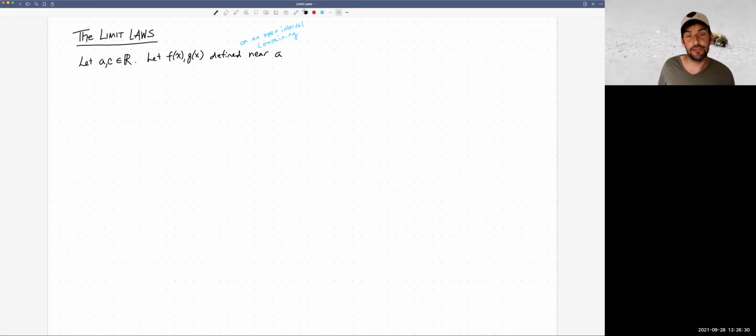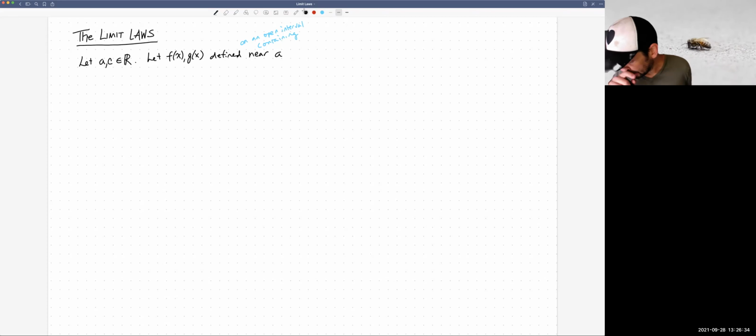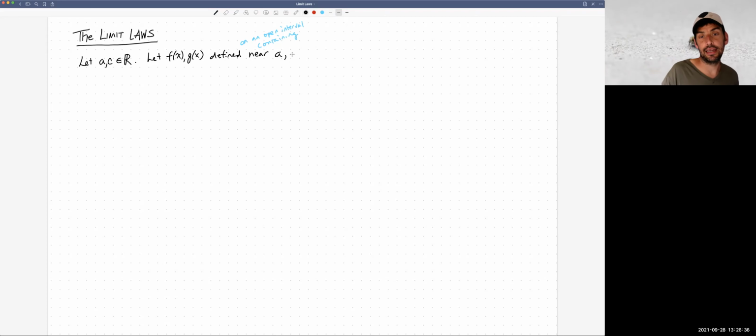Let f and g be defined near A, so some open interval containing A, except possibly at A. Again, we're dealing with limits. We don't care what happens at A. So it could be the case that the functions are not defined at A.